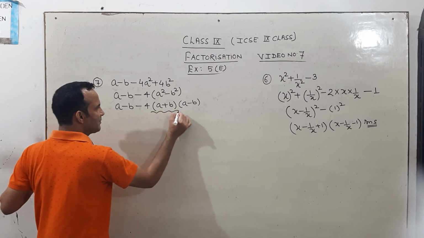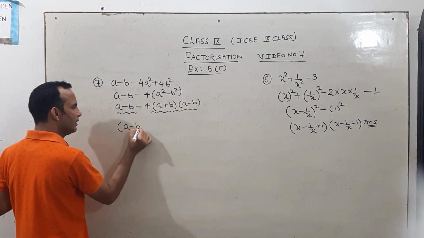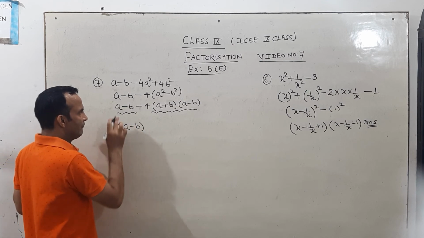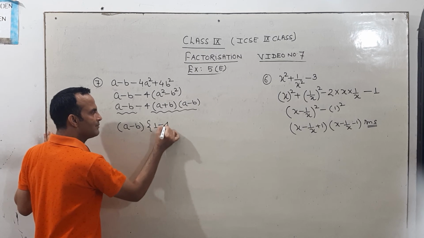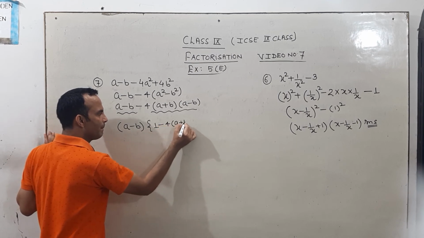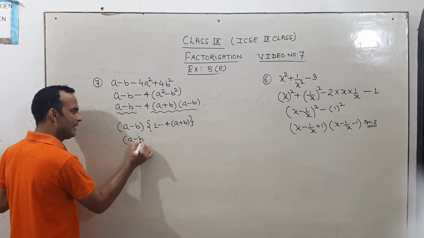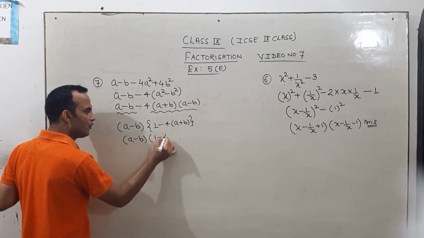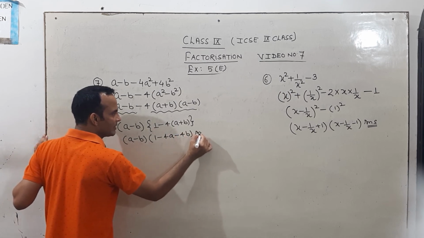Now from this expression and this expression we can take common a minus b. After taking common a minus b, we obtain 1 minus 4 times of a plus b. And in next step we can write it as a minus b, 1 minus 4a minus 4b. This is the required answer of this problem.